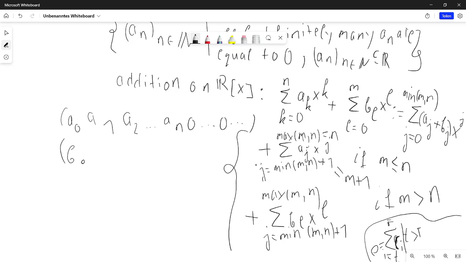And here, let's not try to be as general as possible, just be content with taking what is true. So, and here we have bn, and here we have bn plus 1, and here we have somewhere bm, right, and then zeros to infinity, right, and then we add that, and you see we just add vector positions, right? So this is nothing other than adding positions.